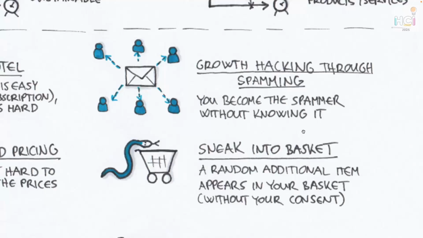So you are buying, for example, a smartphone, you are ready to pay, and your basket magically includes also a protective case. Okay? You never selected it, but if you don't pay attention and click to pay, you will also order that additional item.